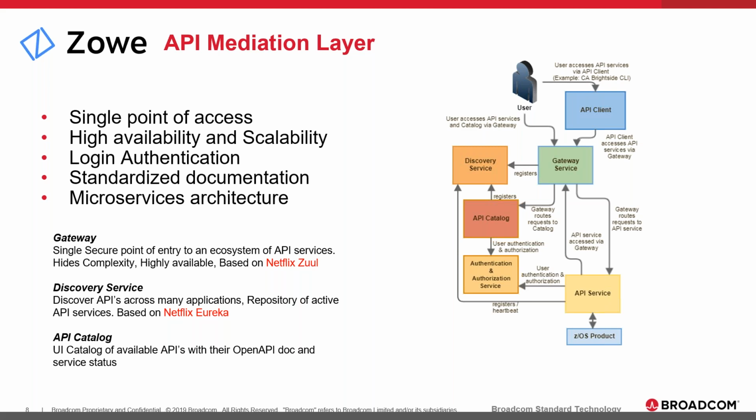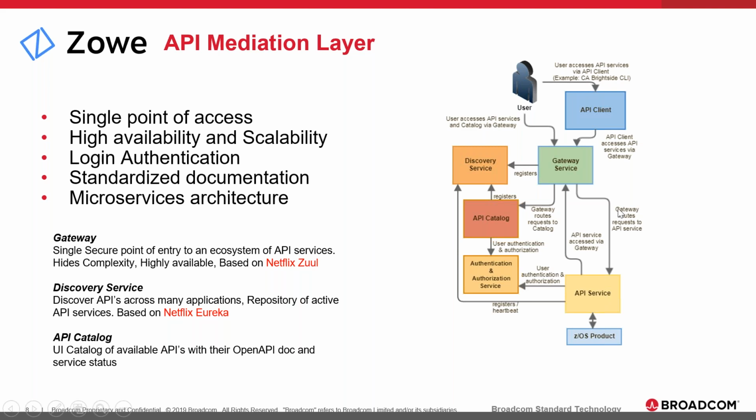Thank you. So the Zowe mediation layer was presented during another webinar as well, but I would like to really just catch the biggest benefits of this technology. The Zowe mediation layer, or the gateway in general, is a very logical and standard extension to mainframe REST APIs.